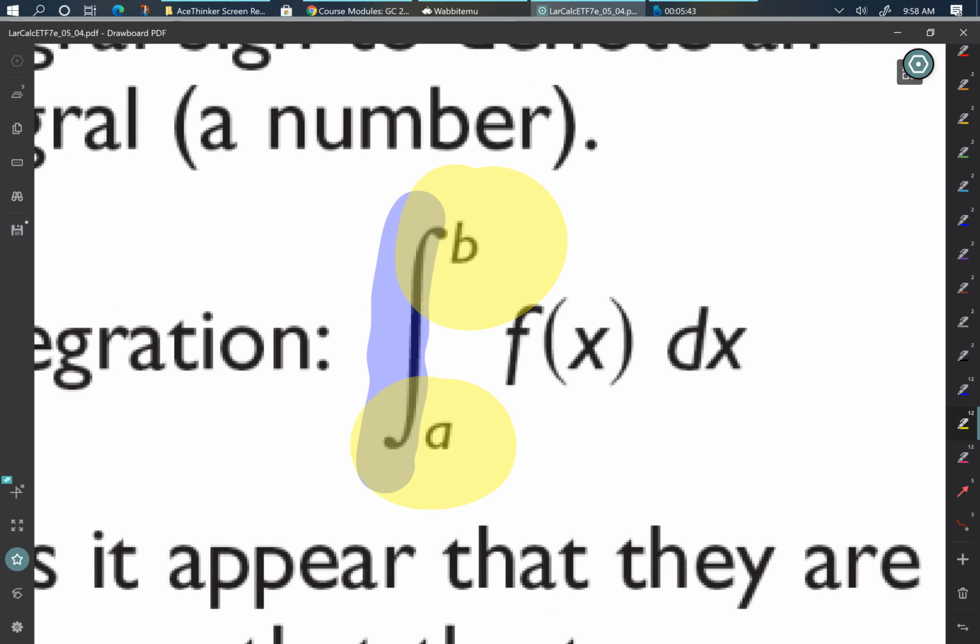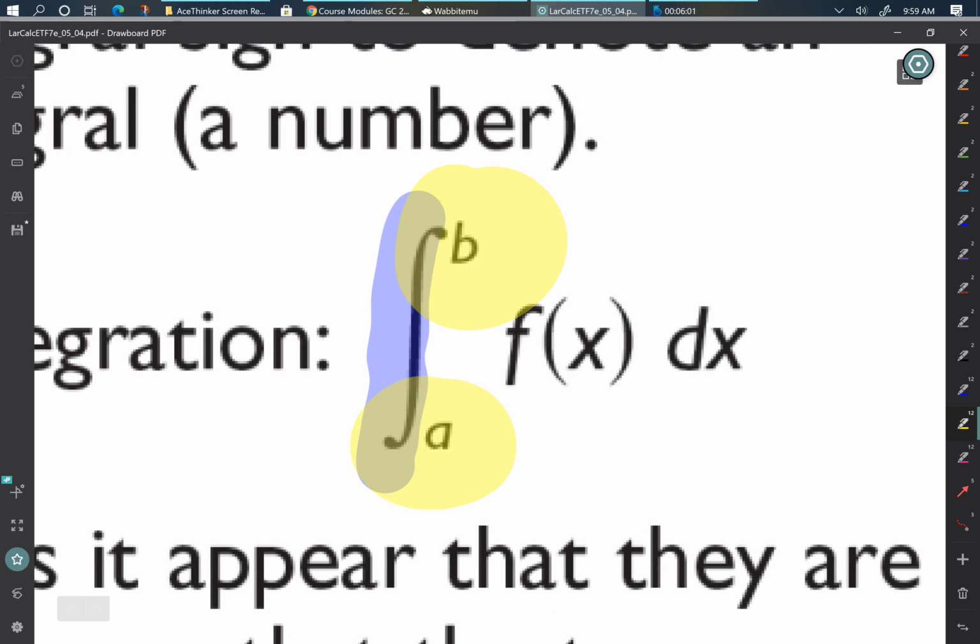We want it to find the value of a definite integral. Right? Now, whether that definite integral represents area or something else, it just depends on how the function f of x looks.